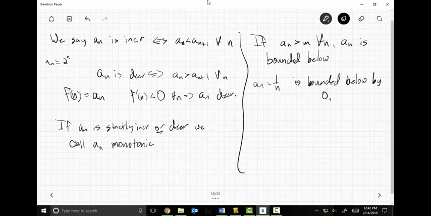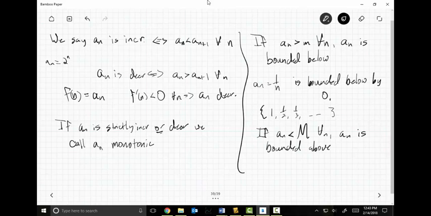So long as I plug in n equals 1, n equals 2, this looks like 1, 1/2, 1/3, etc. It's bounded below by 0. It's also bounded below by -15 pi, but 0 seems to be the most convenient accumulation point below which this cannot get. Similarly, if a sub n is less than capital M for every n, we say a sub n is bounded above.